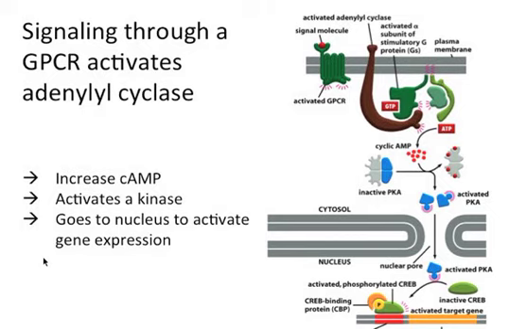Right here you see GTP bound. And then interacts with this other enzyme, which in this case is adenyl cyclase. And then you have production of cyclic AMP, which goes on and it binds to this inactive PKA to activate it. And then the active PKA goes into the nucleus and it activates gene expression.